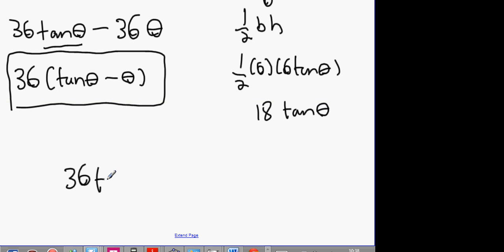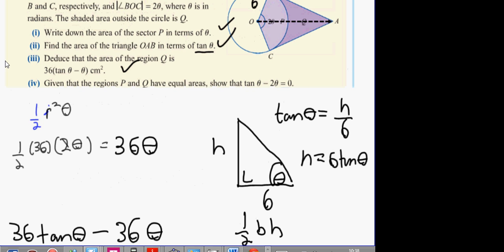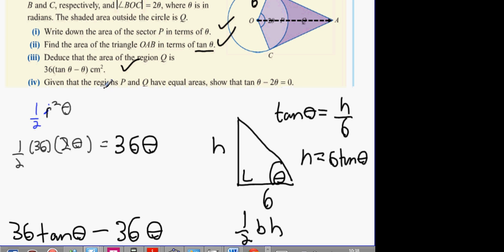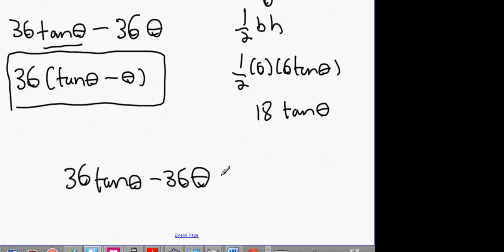And this in turn says that it has to be equal to the region P. What did we say region P was again? 36 theta. Bring the 36 theta over the other side, and we're going to get 36 tan theta minus 72 theta equals 0.